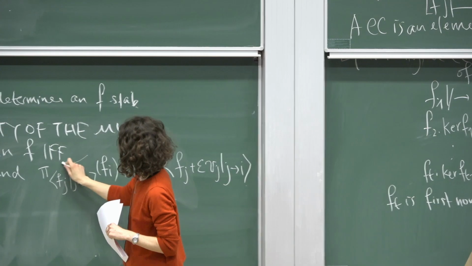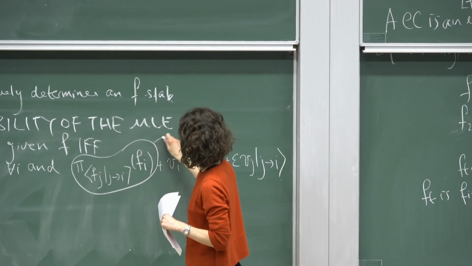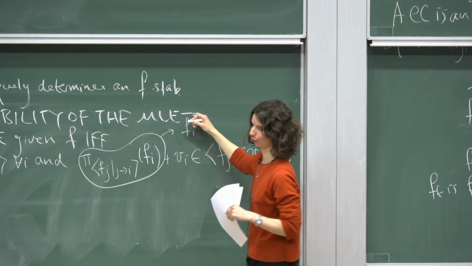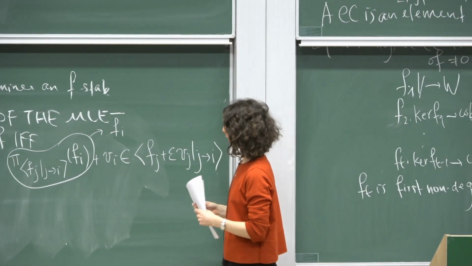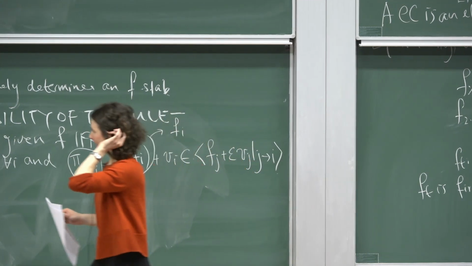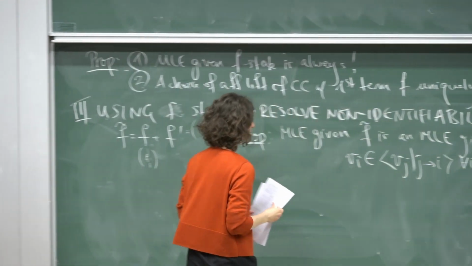I'll use shorthand notation for this because it comes up often, Fi bar. If I put the bar over the column of some matrix, I just mean project it onto the parent columns.